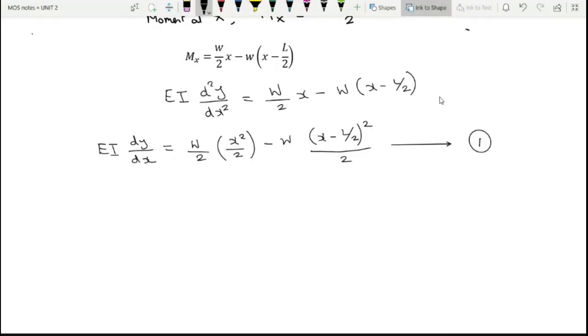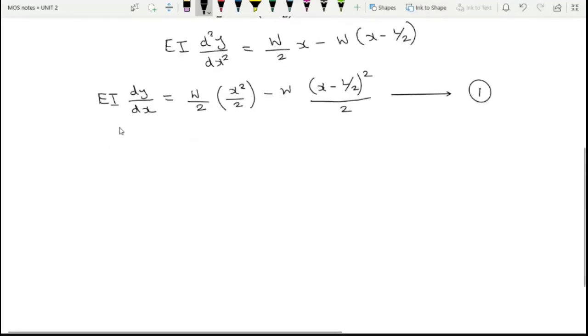Now let me go for integration again. This equation we call the slope equation.